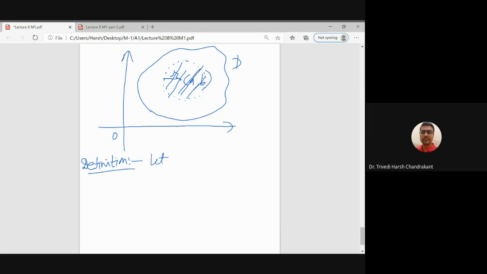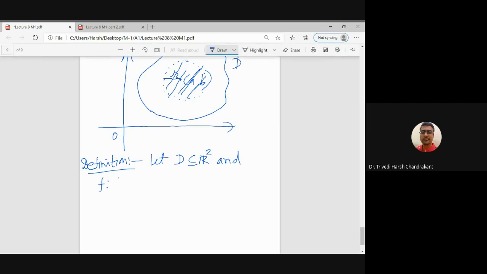So let our domain D be a subset of R2, where f is a function from D to R. So D is a subset of R2 which is the domain of the function.